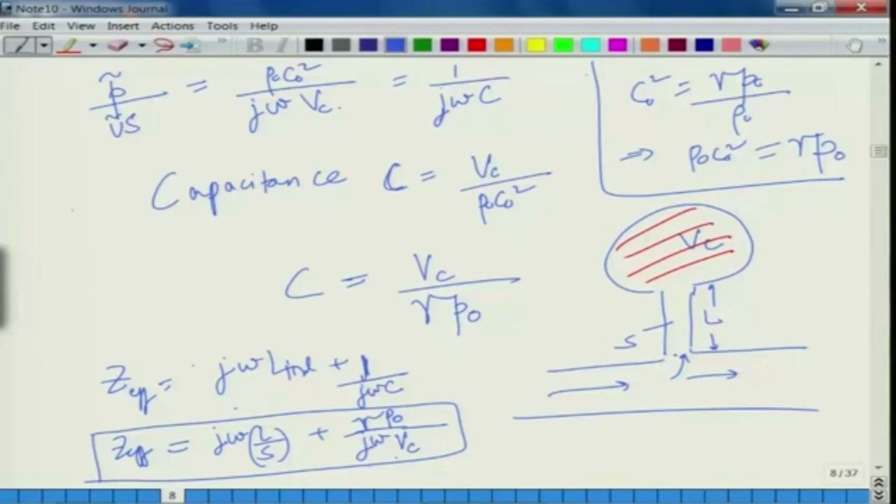But before we go about finding the resonance frequencies of a Helmholtz resonator, it is probably prudent to first talk about end corrections. So, let us introduce the concept of end corrections. What do you mean by end correction?